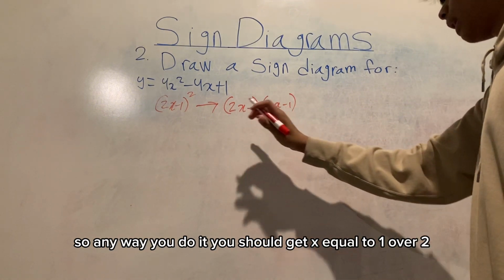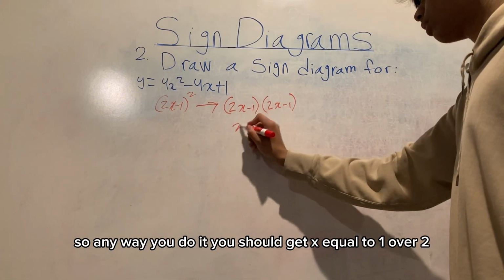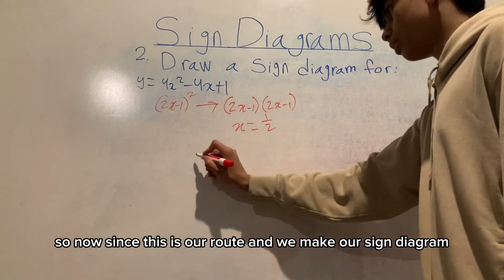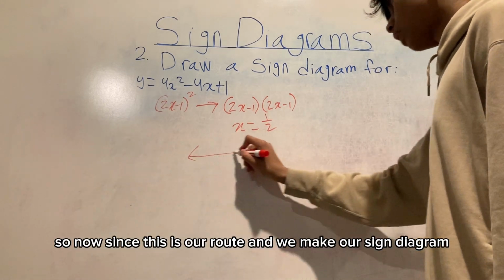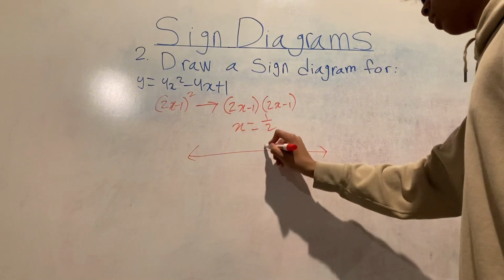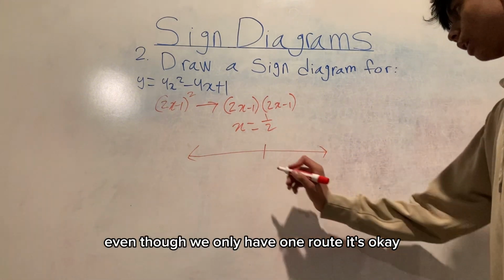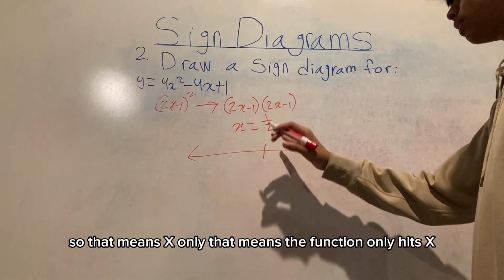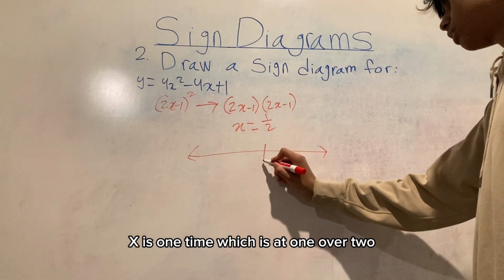So any way you do it, you should get x equal to 1 over 2. So now, since this is our root, and we make our sign diagram, even though we only have one root, it's okay. So that means the function only hits the x-axis one time, which is at 1 over 2.